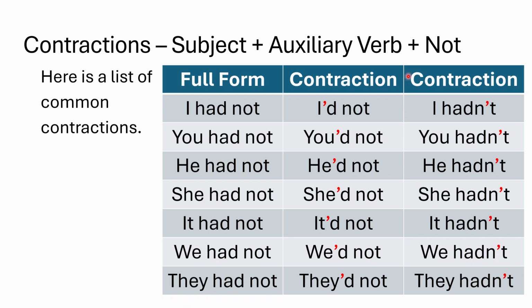The second group of contractions is common usage. Remember, when the two words are separate, they are referred to as being in their full form. Notice how the apostrophe replaces the missing letters. I will read the words. I will pause. When I pause, you say the words.